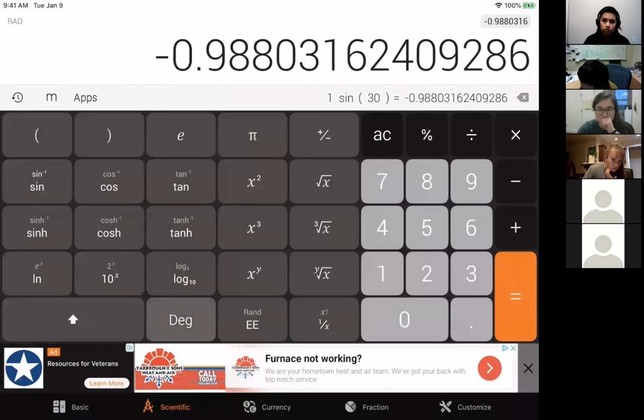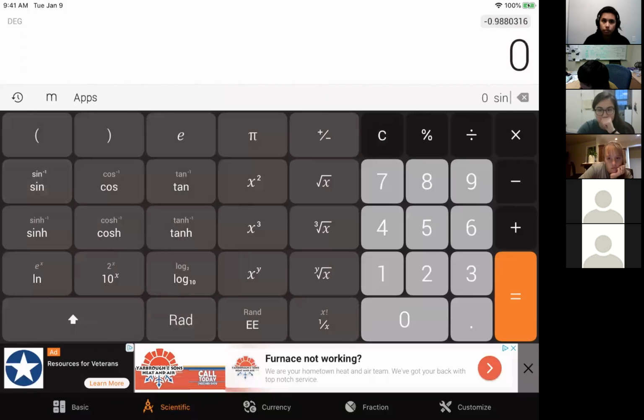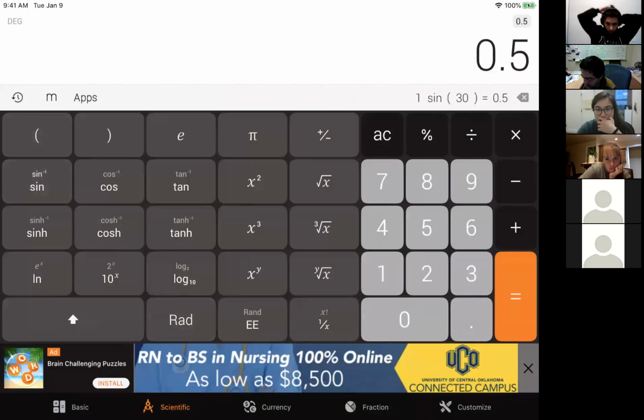So maybe, okay, now it's radian, I guess. I'm really bad at this calculator. So, okay, sine 30 is 0.5. This is how I check, since every calculator is different. Then I use the inverse sine function, which is this one.